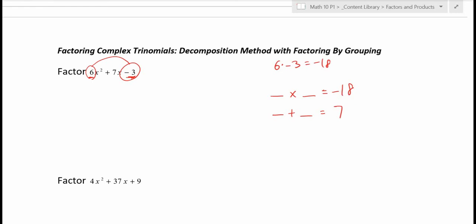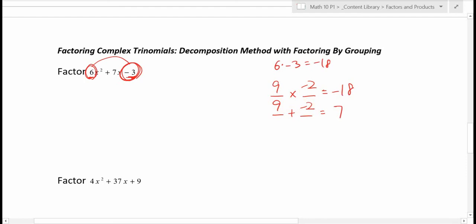So this time we are not looking for two numbers that multiply to the constant. Rather, we're looking for two numbers that multiply to the product of the leading coefficient and the constant, in this case -18. And those two numbers still need to add to the coefficient of the middle term, which is 7. So in this case, the two numbers are 9 and -2.